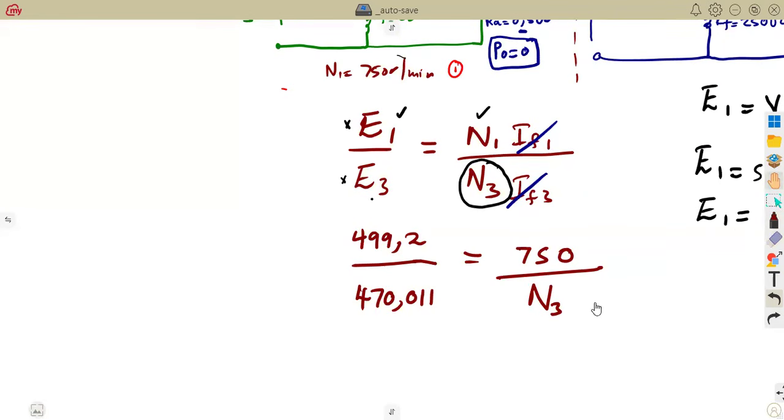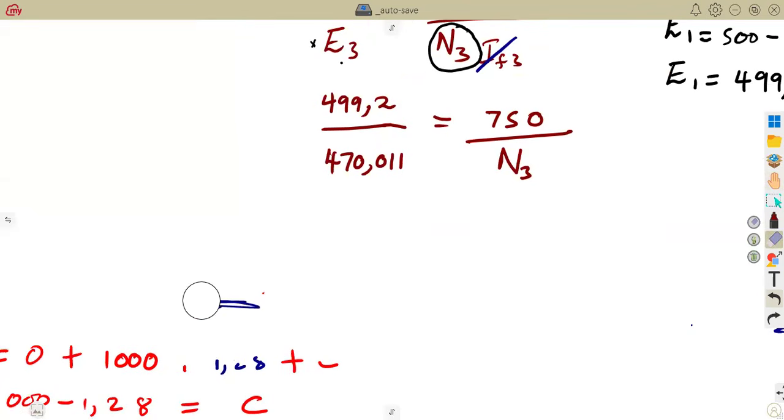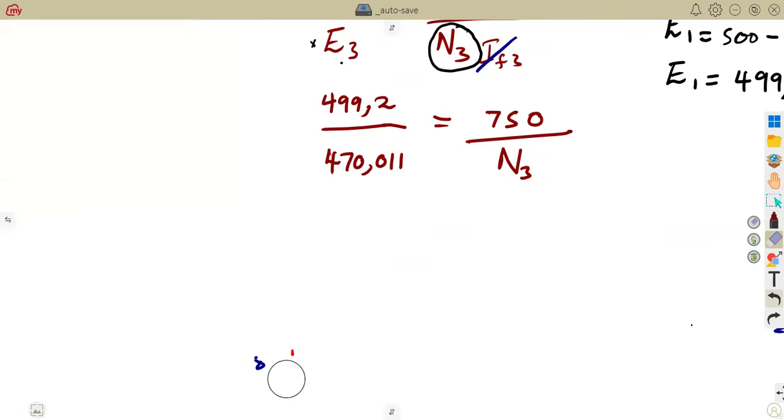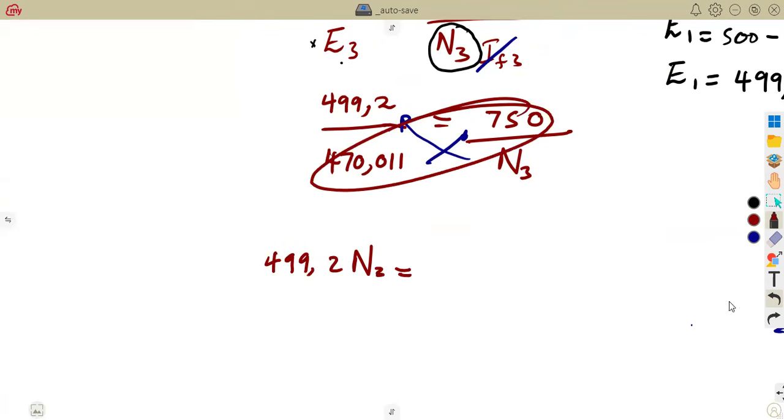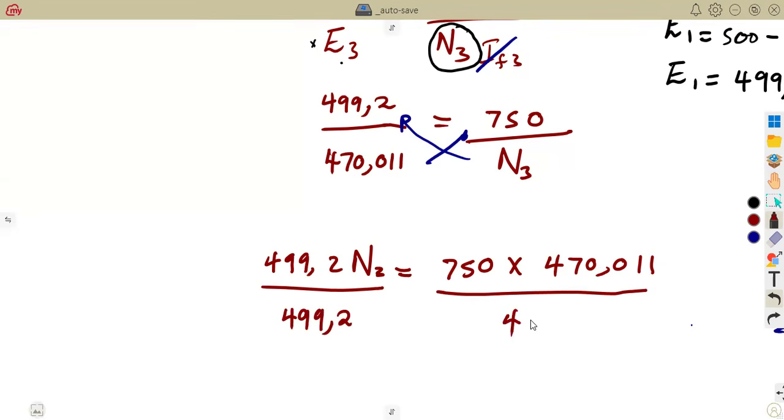What is the speed? As you can see, guys, it's just a matter of changing the subject or cross multiplication. You can change the subject first, then substitute, or you can just cross multiply. So 499.2 times N3 is equal to the product of 750 and 490.011. So I need to divide by 499.2.